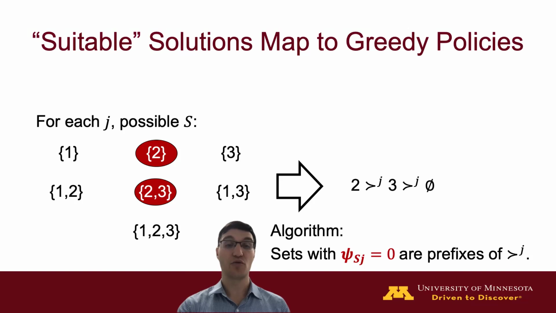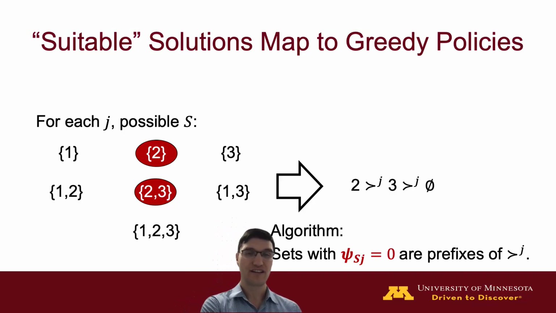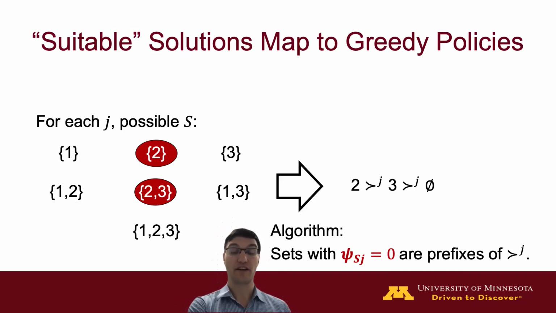If we can't find a 2, we'll be willing to match J to 3. And if we can't find 3, we just have J wait. Notice that 1 is not included in any of the sets for which the constraint is tight, and therefore 1 is not an acceptable match for J. That's the idea behind how we go from a solution to our linear program to an actual algorithm.